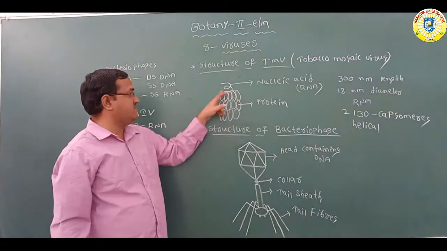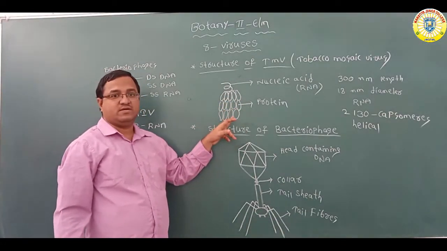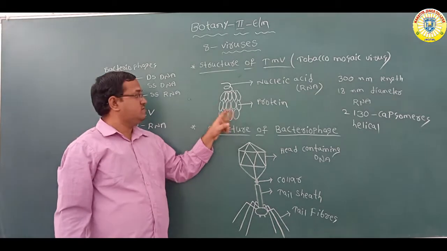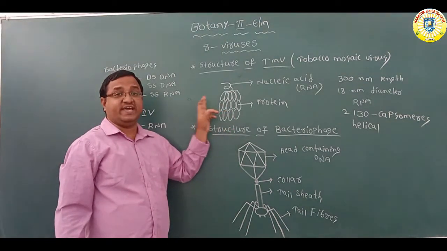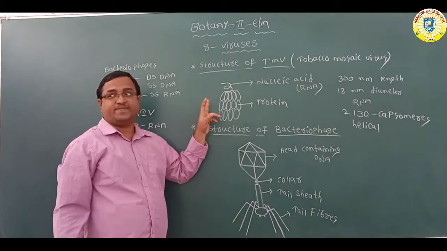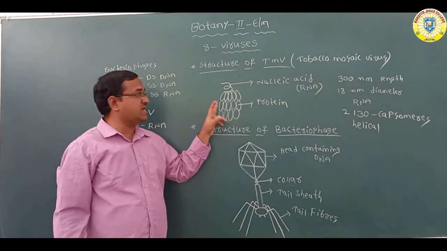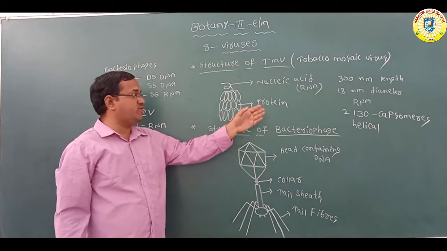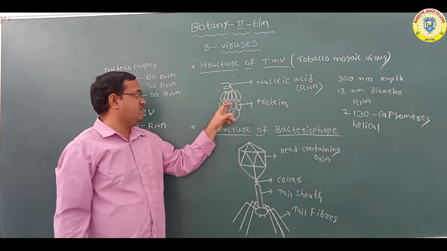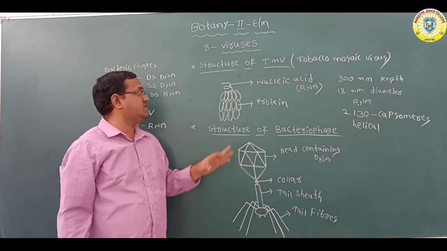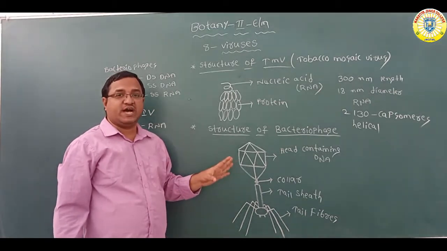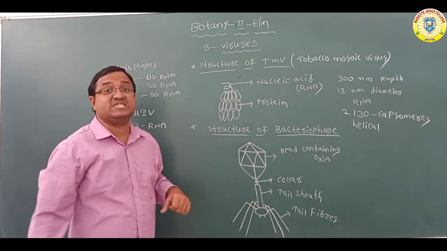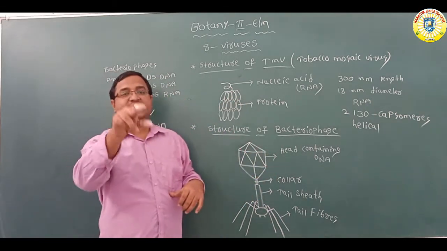So these are all protein subunits. In total 2130 capsomeres are there, arranged in a helical manner, and they enclose the nucleic acid RNA, which is a single strand, spiral shaped RNA.